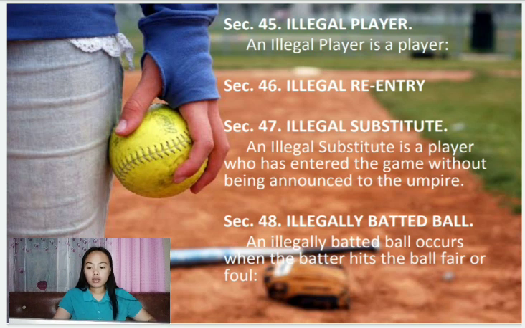A starting player returned to the game after being substituted but not in his original position in the offensive lineup. Next, illegal siya if a substitute who has legally been in the game returns to the game after being substituted for by either the original starting player or other substitution.